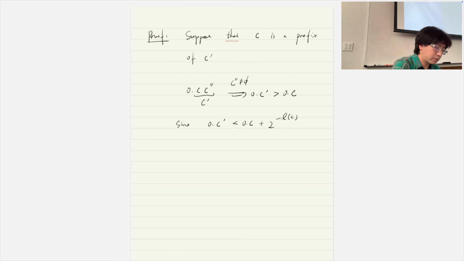From here, we can conclude that the value of 0.C prime is bigger than 0.C and less than 0.C plus this term. What does that mean?